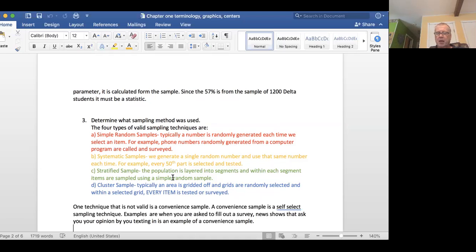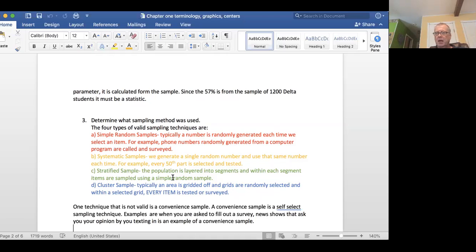And then the fourth way, this is typically what they do in emergencies, if they want to figure out how much damage there was, say, from a hurricane or a tornado, or if they want to figure out the census. They use what's called cluster sampling. Typically you grid off a large region. You make little squares, you superimpose little rectangles or squares over a map of, say, a city.